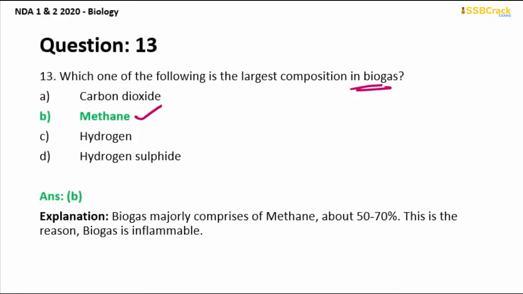Methane constitutes the largest part, about 50 to 70%. That is why biogas is highly inflammable. Apart from methane there are other gases also, but biogas majorly comprises methane.